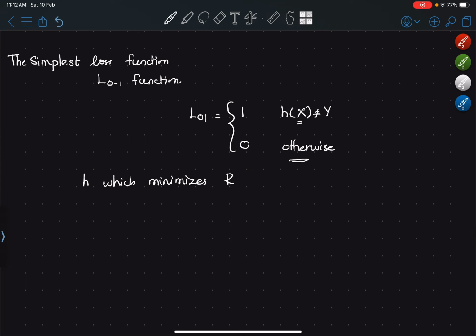So let's assume there exists some function, let's call that h1 for the time being, such that R of h1 is always less than or equal to R of h for all h, for all pxy.